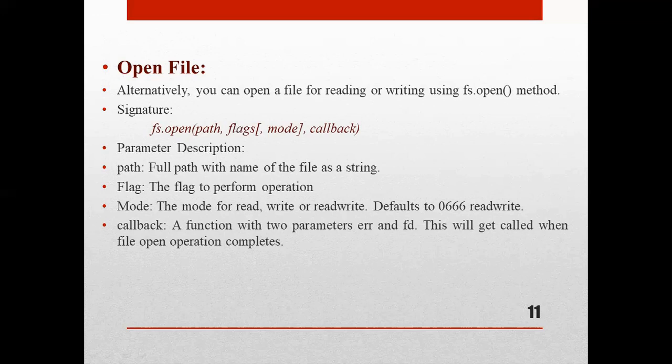The next one is mode, which is optional. Mode means a mode for read, write or read-write. By default it is 0666, that is read-write. Then callback means a function with two parameters. We are going to write that function with err. If there is any error, it will show that error, or otherwise it will call the function that the operation completed successfully. This is the syntax for open file.